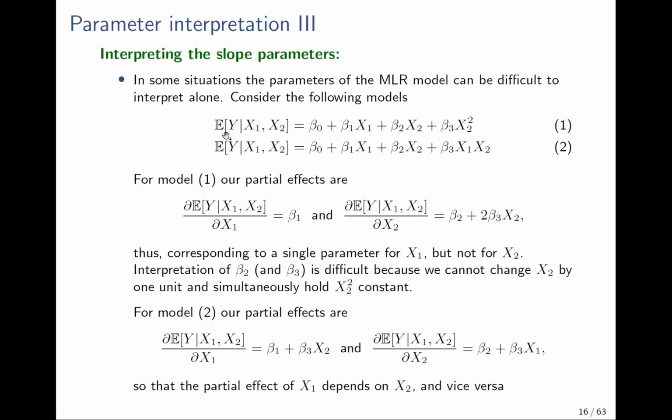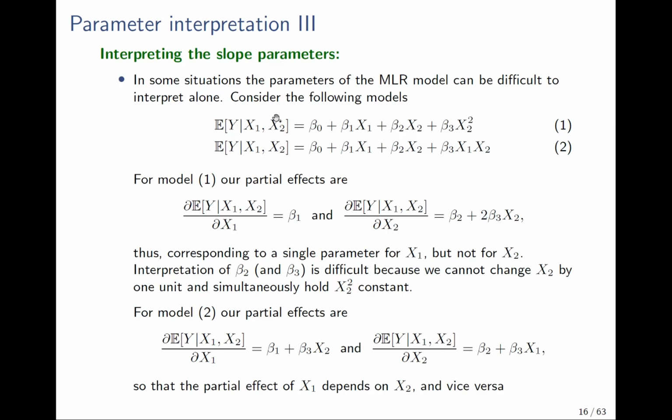In this model, we have two independent variables, x1 and x2, and the model takes the following form: beta 0 plus beta 1 x1 plus beta 2 x2 plus beta 3 x2 squared. Second model, again we have two independent variables, x1 and x2, but the model has the following form: beta 0 plus beta 1 x1 plus beta 2 x2 plus beta 3 x1 times x2.